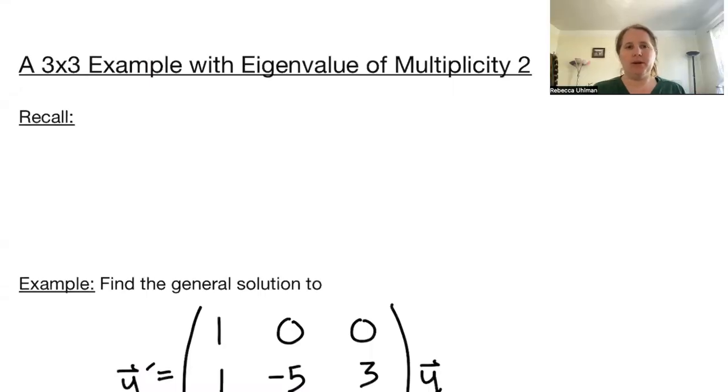Welcome to a 3x3 example with eigenvalue of multiplicity 2. Again, we're focusing on eigenspace dimension 1.